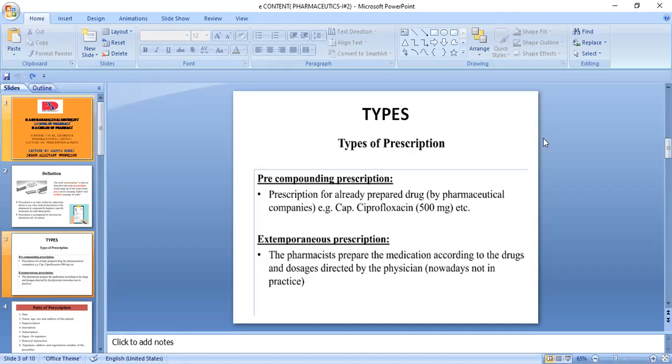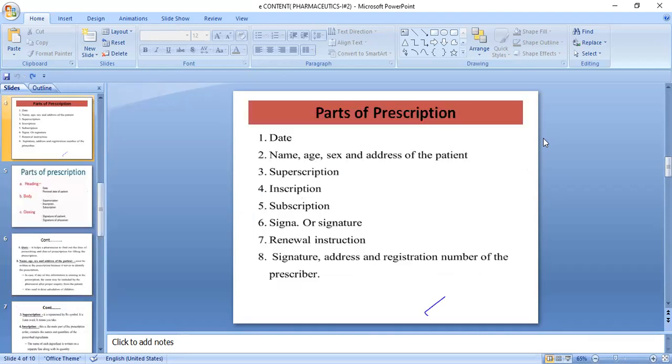It is given by the prescriber, that is, the doctor. Nowadays, in most cases, we take pre-compounded prescriptions, that is, drugs pre-prepared by the companies, so this is not very common. Coming to the next slide.